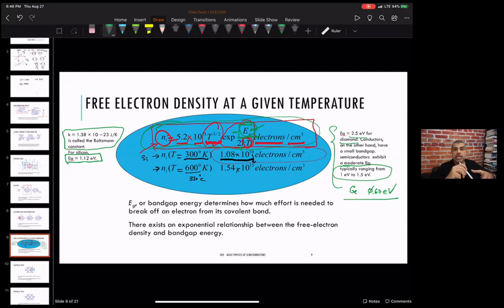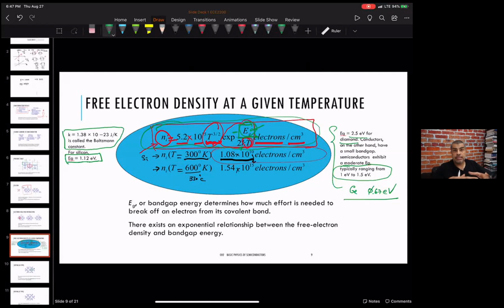If you take a centimeter cubed, every time you implant a phosphorus atom in there, you end up with one additional electron compared to a hole, because each one of those has one extra valence electron.